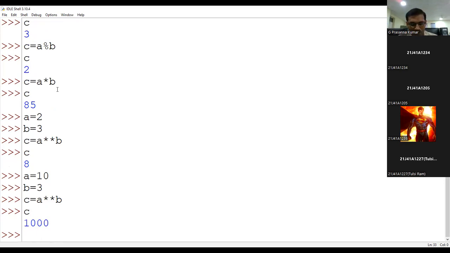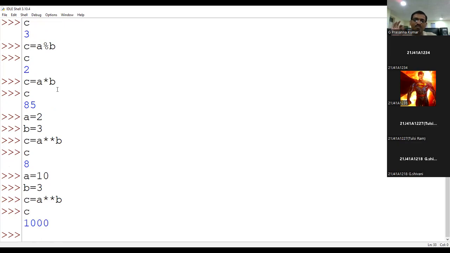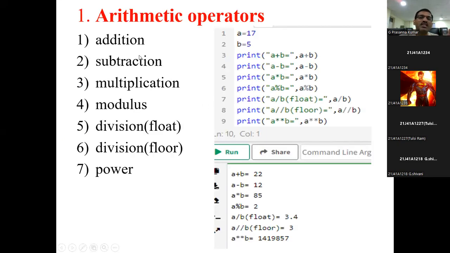There are 7 different operations: first is addition, subtraction, multiplication, modulus. In the division, there are 2 things: one is for the float, second is for the floor, and the last one is for the power. These are the different operations present in arithmetic operation: addition, subtraction, multiplication, modulus, division, division of float and floor, then power.